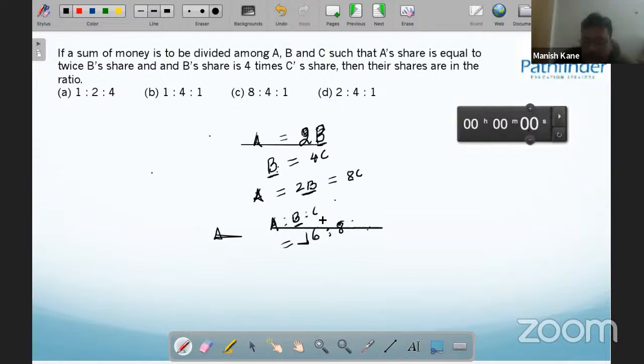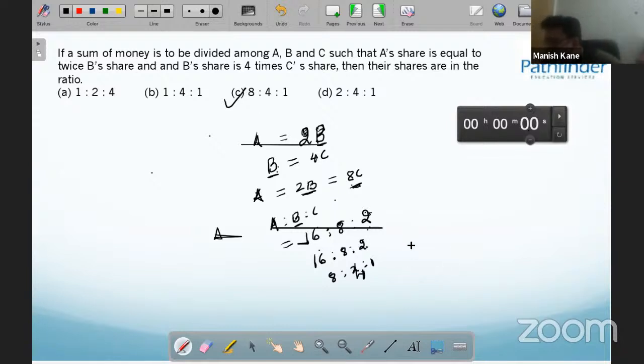And if you want the ratio for C, just ignore the coefficient of C, 8, and multiply the coefficients of A and B, that is 2. So what we get is 16 as to 8 as to 2, which can be reduced to 8 as to 4 as to 1, which is your answer, C.